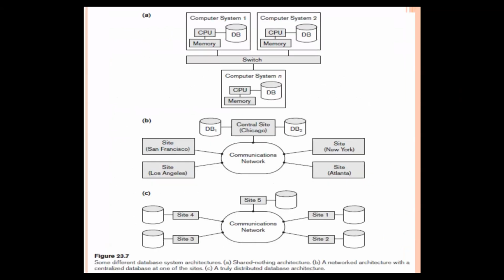The first diagram shows some different database system architectures. Diagram A shows the shared nothing architecture. In that case, we have computer system 1, computer system 2, and computer system 3. Computer system one has its own CPU, memory as well as database. The database belongs to system one alone, so its content is not accessible to other sites.